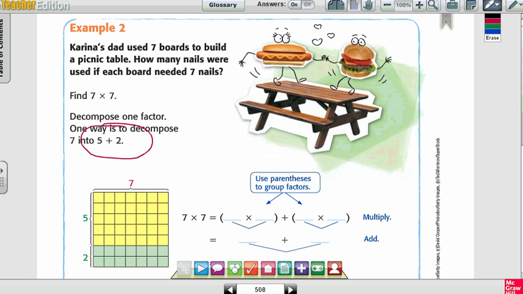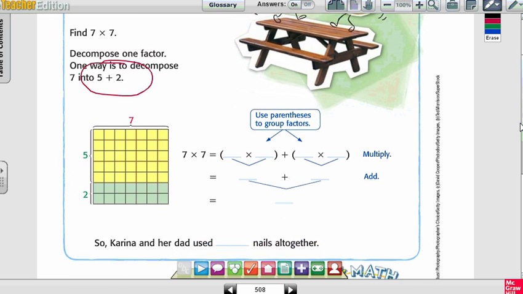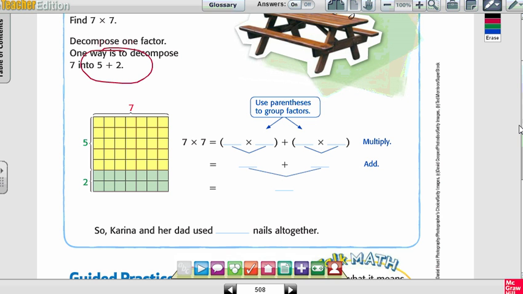So in their array, they have 7 times 5 and 7 times 2. Well, I know those facts. 7 times 5 is 35. And 7 times 2 is 14. And I add those together. So 35 plus 14.